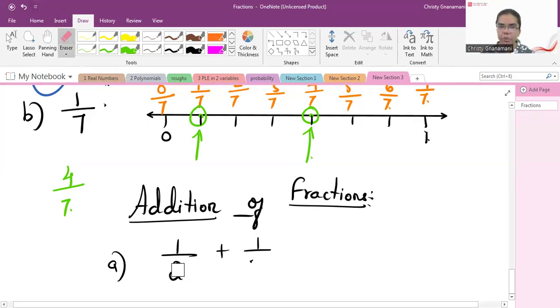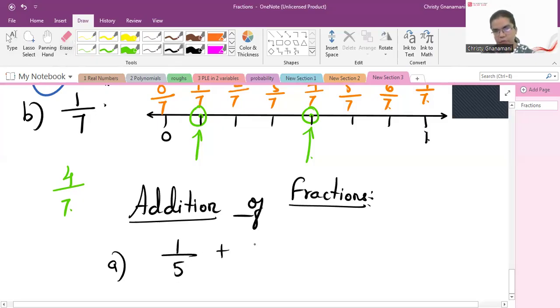First let's add 2 like fractions. 1/5 plus 2/5.